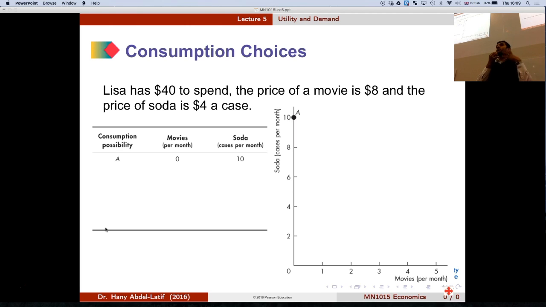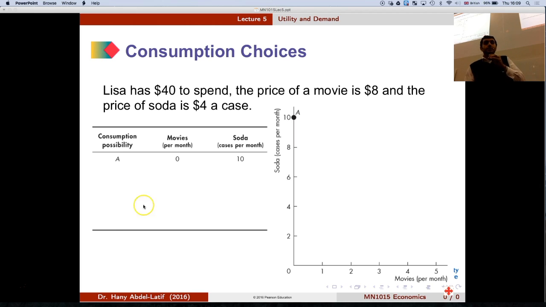The maximum she can get is 10 cases per month, because her income is $40 and the price of soda is $4. So one of the possibilities is to watch no movies and spend all her income on soda.